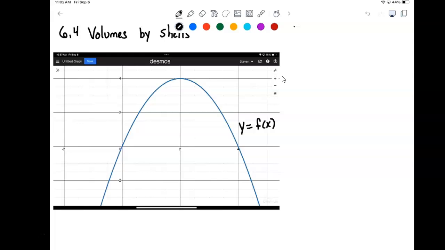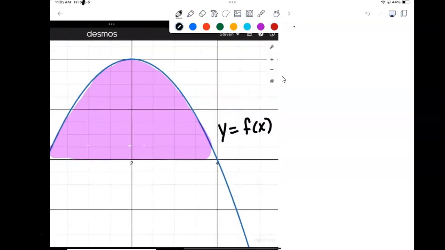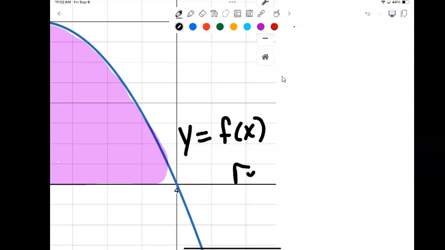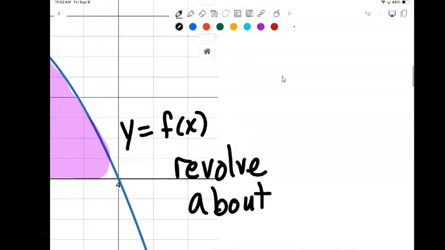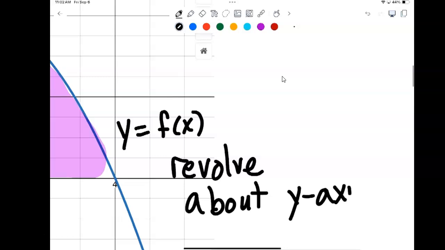And let's say we wanted to take this region inside the graph, and instead of revolving it about the x-axis, like we did before, what if we wanted to revolve it about the y-axis to generate a solid? So we want to revolve that about the y-axis.